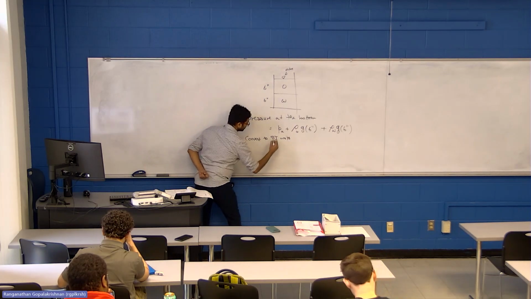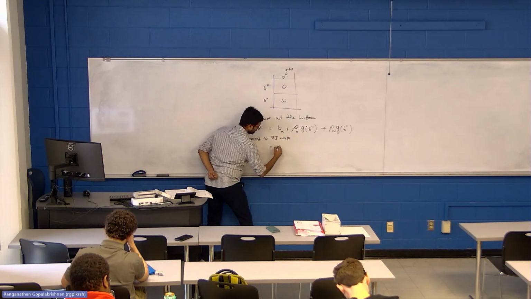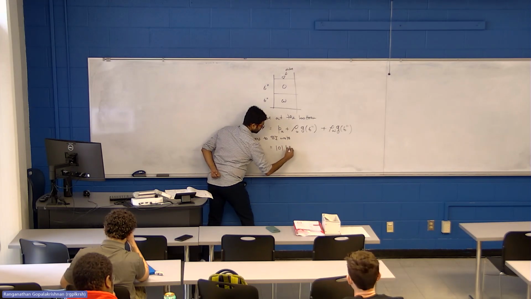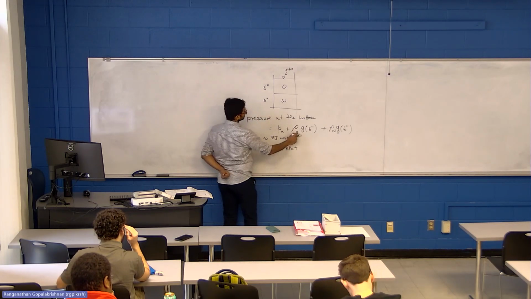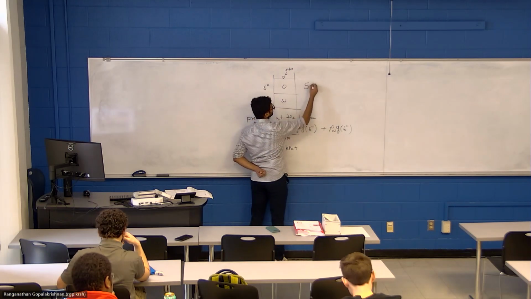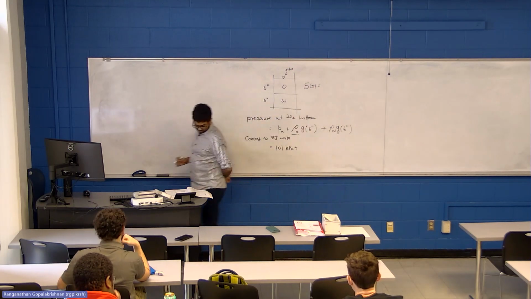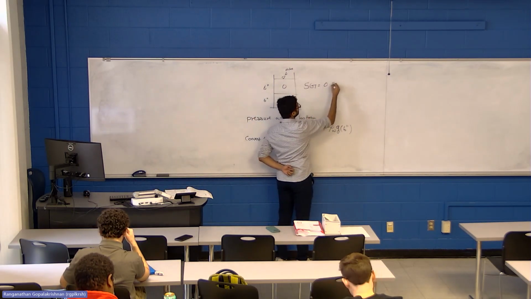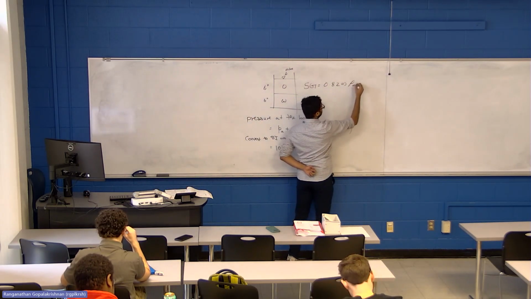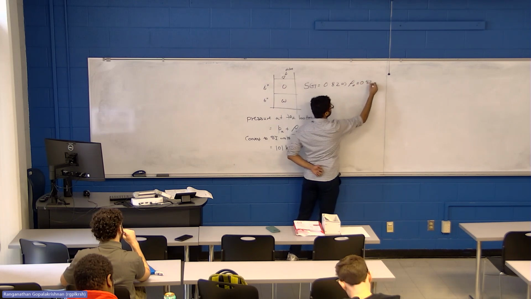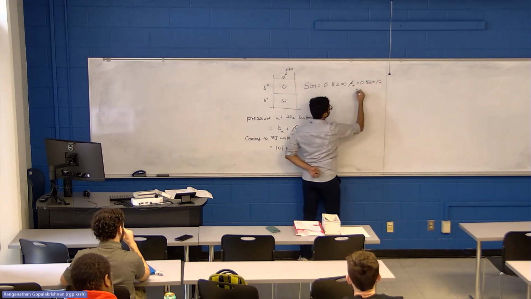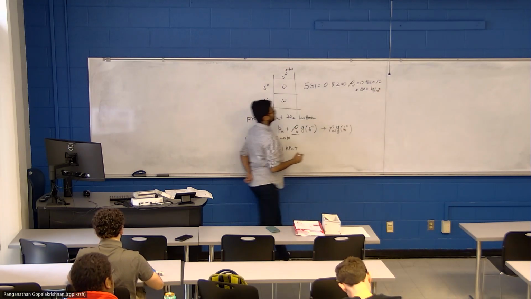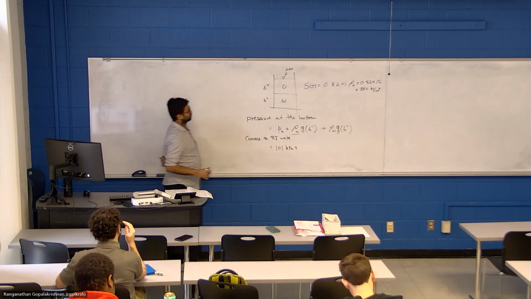So you can write atmospheric pressure is about 101 kilopascals plus the density of oil. Specific gravity is given as 0.82, which means the density of oil is 0.82 times the density of water, which is 820 kilograms per meter cubed.